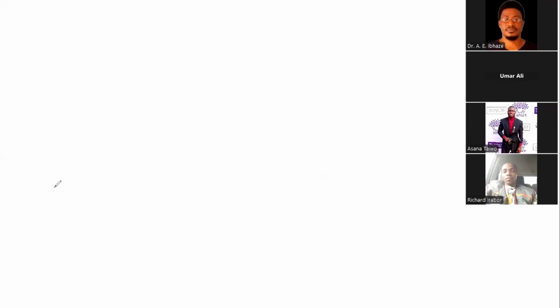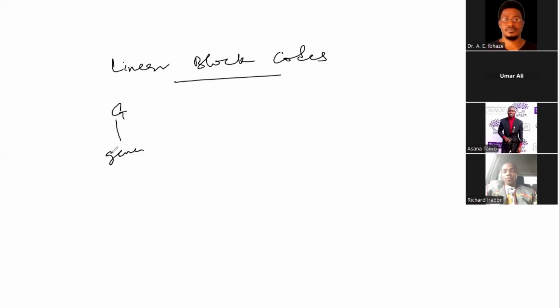Okay. And for us to just build the basis, we now want to look up the linear block codes. Where did it all begin? Now, we already mentioned that the linear block codes are described in terms of the generator matrix and the parity check matrix, right?